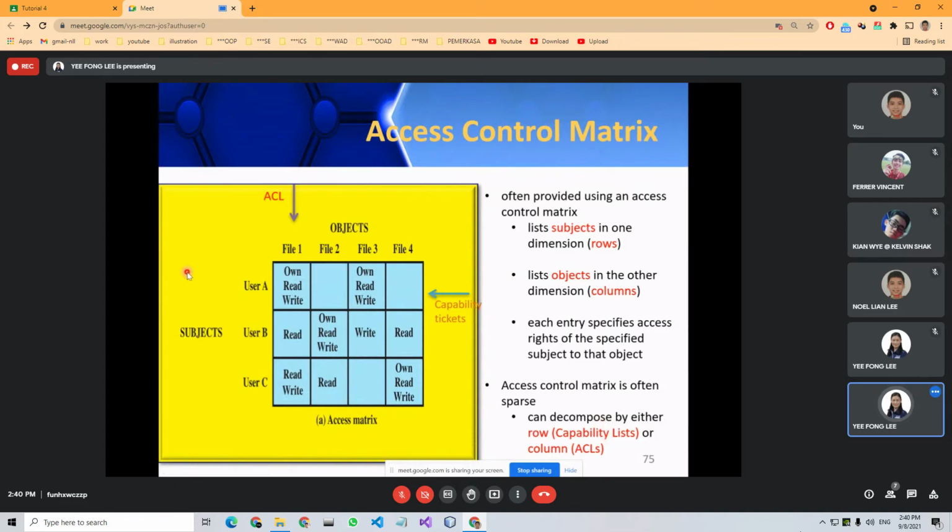User A on file, we can look here, just like how we read our matrix. User A can read and write file 1. For file 3, user A can read, can write. So user B can read file 1 but cannot write file 1. So and so on.